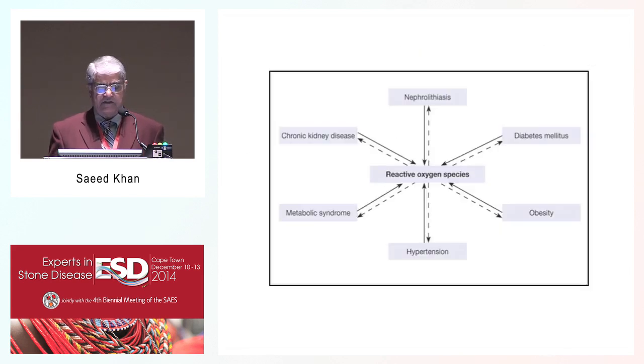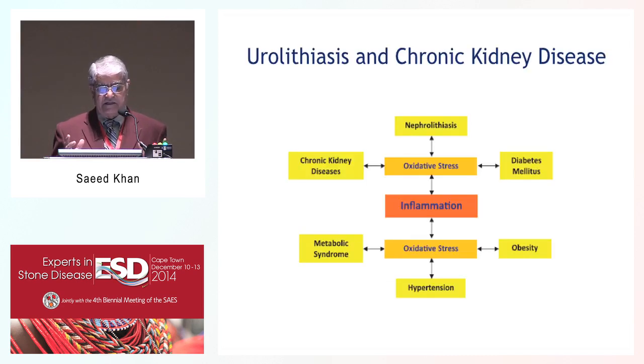When you start looking at all these diseases, whether it is nephrolithiasis, chronic kidney disease, diabetes mellitus, obesity, metabolic syndrome, or hypertension, and you look at the pathogenesis, particularly in the experimental models, what you find is that the production of reactive oxygen species is common to all of them. The other common thing is oxidative stress, and the third component of all these diseases is inflammation. They all have oxidative stress, and they all have inflammation.